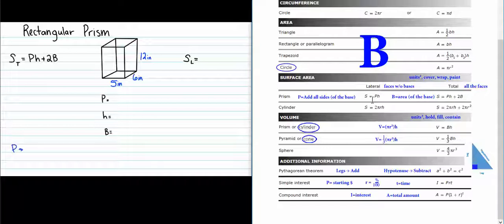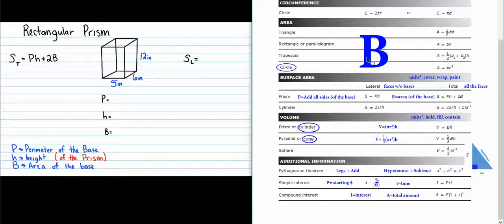Now, a quick recap. P stands for perimeter of the base. H is going to stand for height of the prism. And then capital B stands for area of the base. This is why you have that big capital B on the formula chart over here.